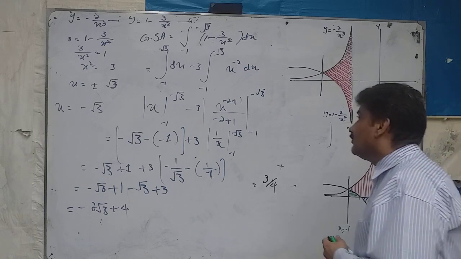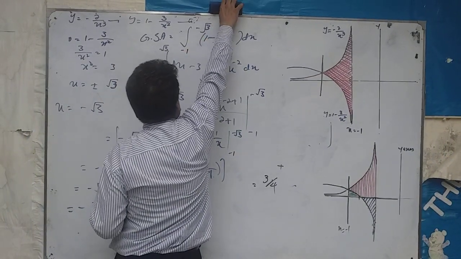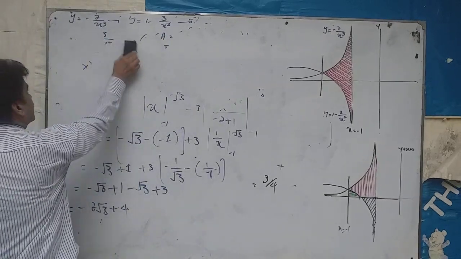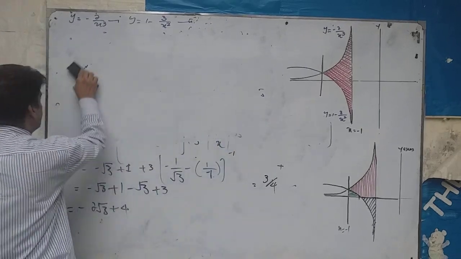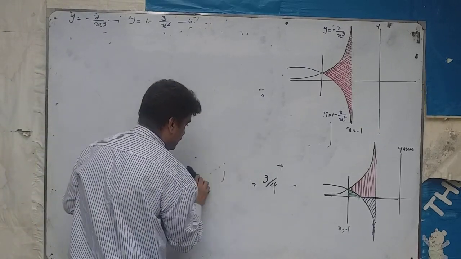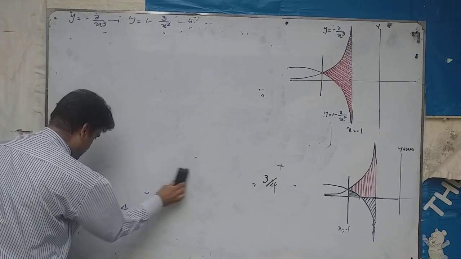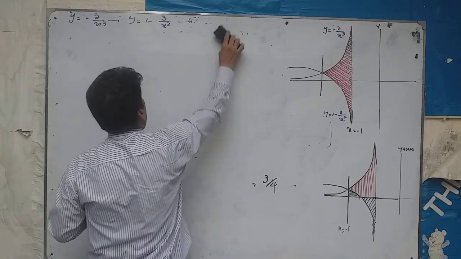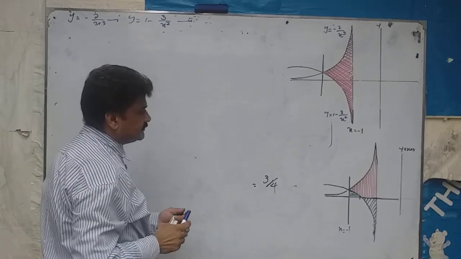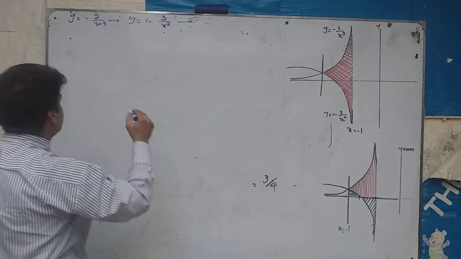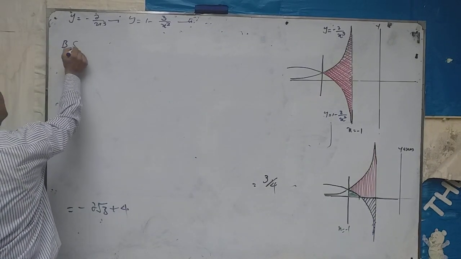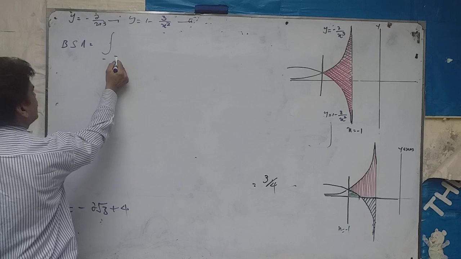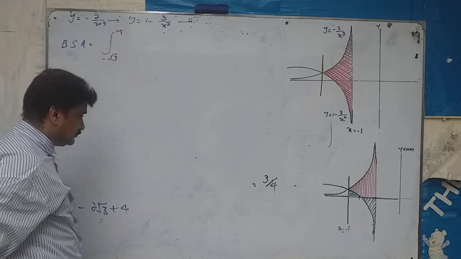To find this remaining area we use the limits. Blue shaded area will be equal to the integral from minus under root 3 to minus 1.